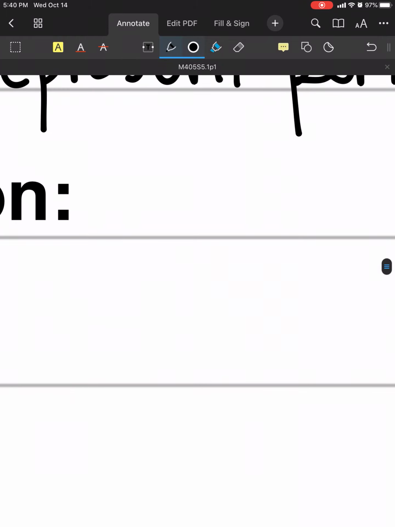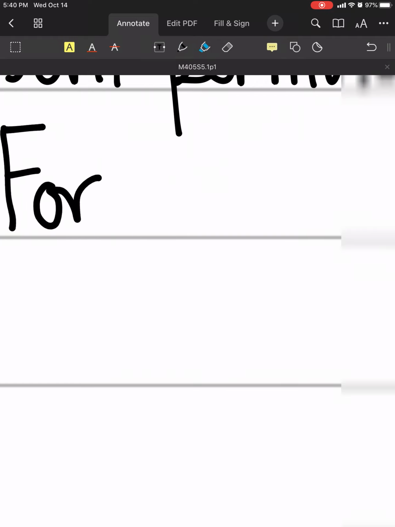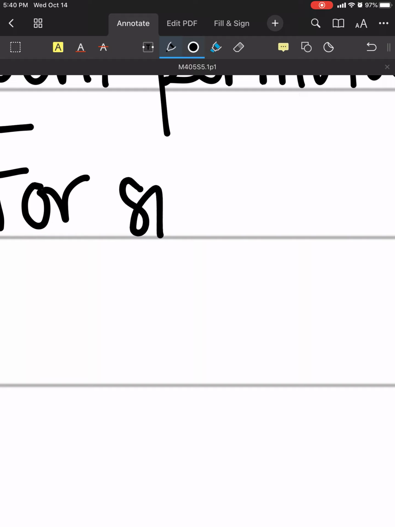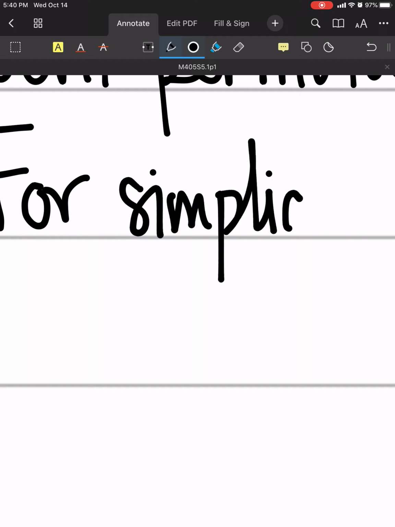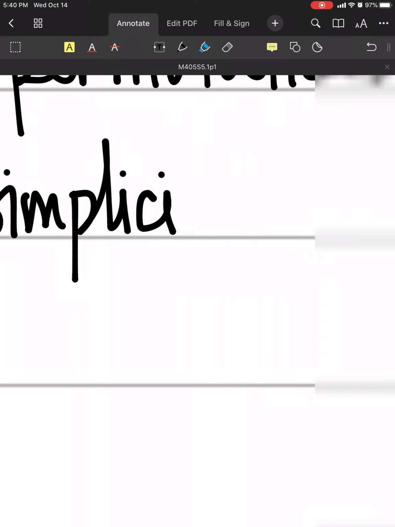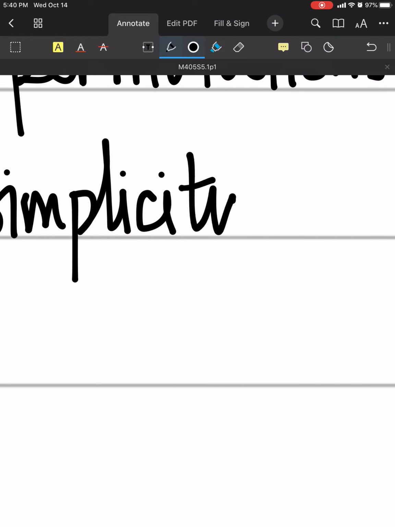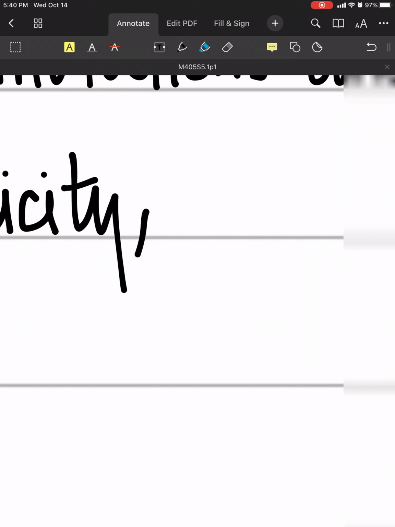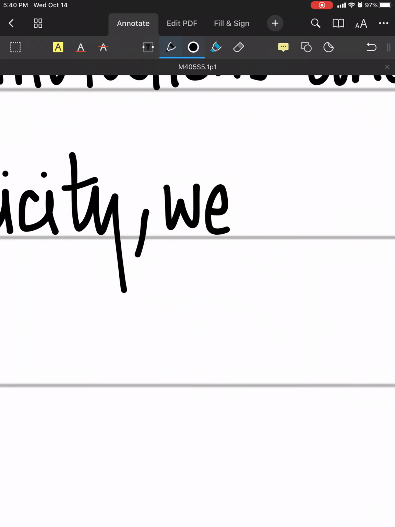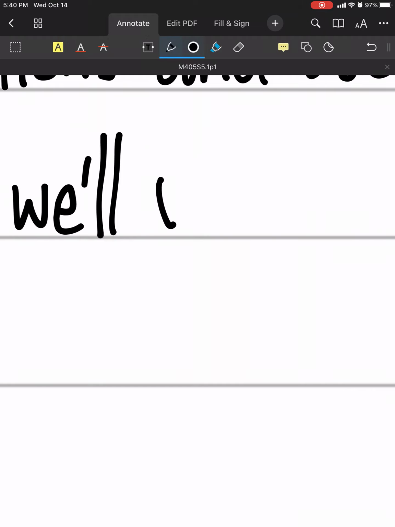And for simplicity, we're just going to have our set be a set of positive integers. It doesn't have to be this, but for simplicity, we'll use the first n positive integers.